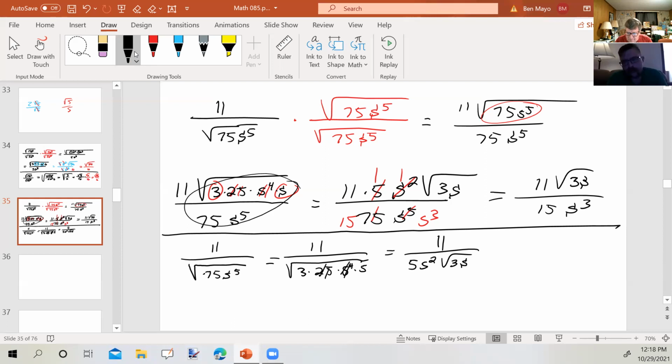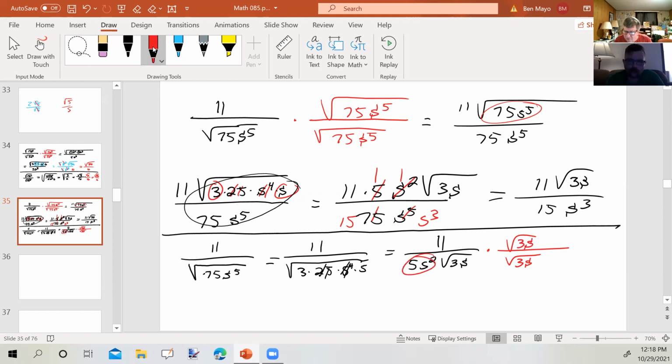Okay. You okay so far? Now, I still have to rationalize the denominator, but now I can multiply the top and the bottom just by the square root of 3s. I don't need to rationalize the part that is already rational.